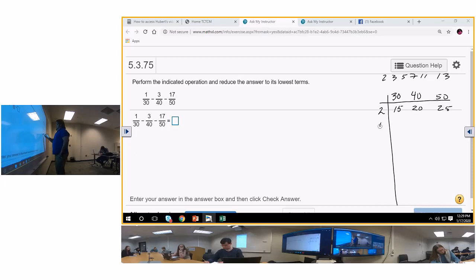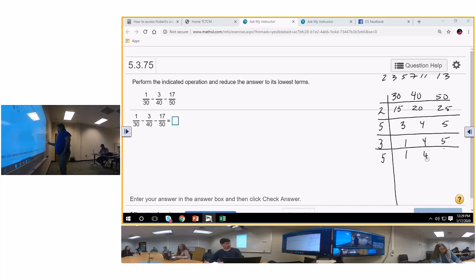Divide by 5. That'll give me a 3, a 4, and a 5. Divide by 3. That'll give me a 1, a 4, and a 5. Divide by 5. That'll give me a 1, a 4, and a 1. Divide by 2. Give me a 1, a 2, and a 1, then 1, 1, and 1.